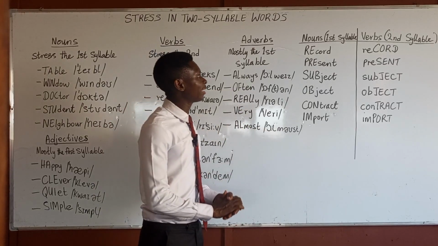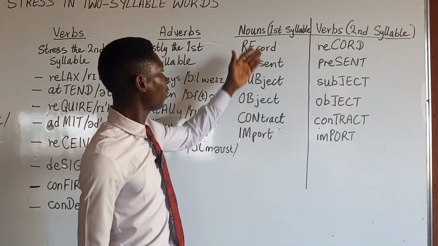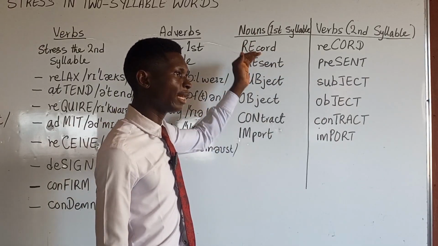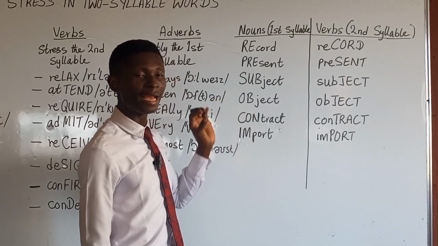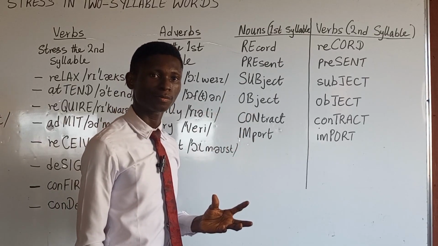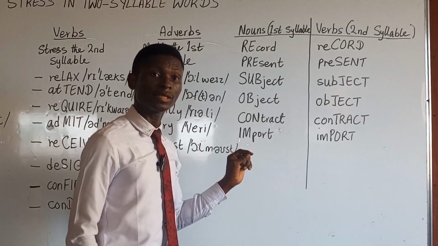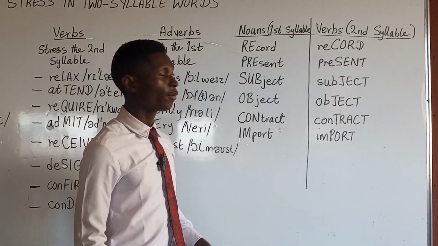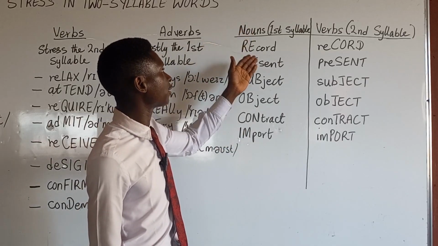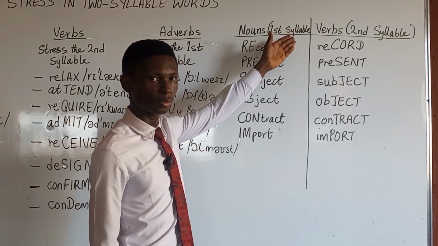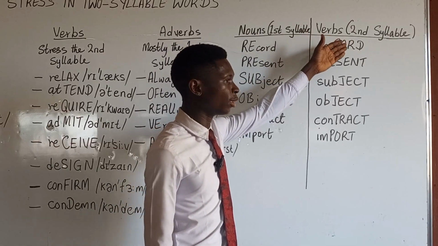Now, I'd like us to look at the comparison between these two class of words. We have the nouns and the verbs. But looking at this group of words, you can agree with me that they are the same in terms of spelling. But we have some differences in pronunciation, particularly in the stress pattern. For instance, the words we have under noun have that stress on the first syllable, whereas the ones we have under verbs have that stress on the second syllable.